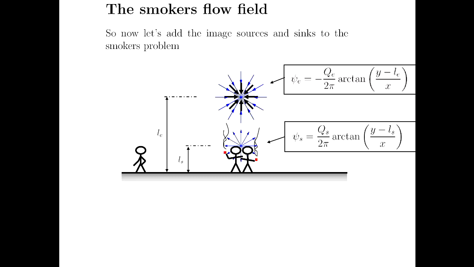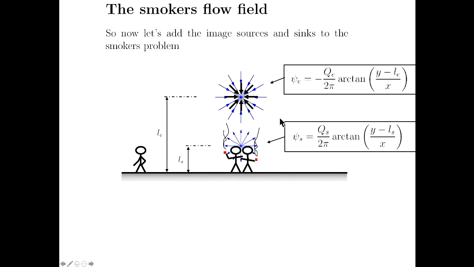No two parallel boundaries. Now, going back to the smoker's problem, can anybody tell me how many images I need for this case so that my floor is impermeable? You want to make this here impermeable, so this is going to be your boundary, and you have one source, one sink.